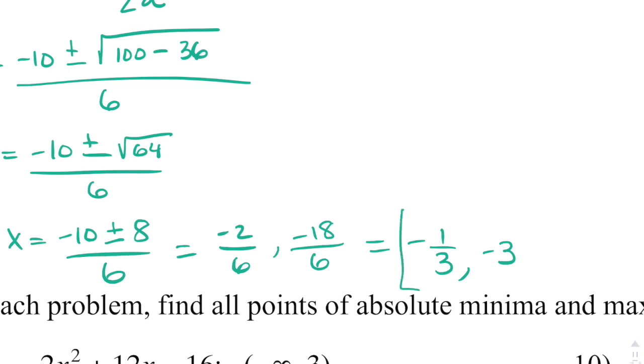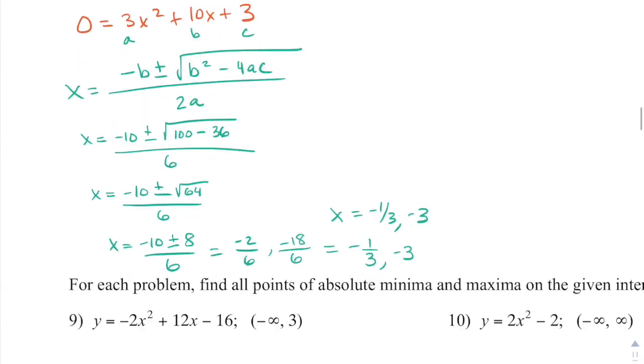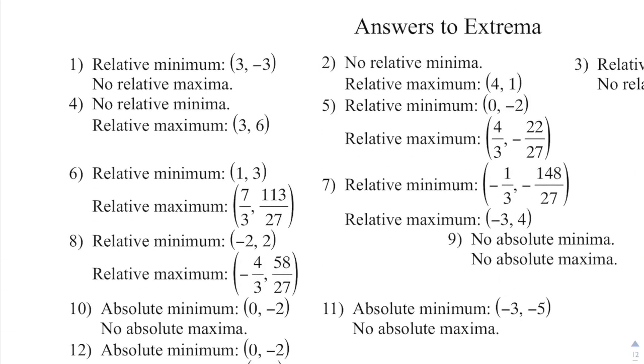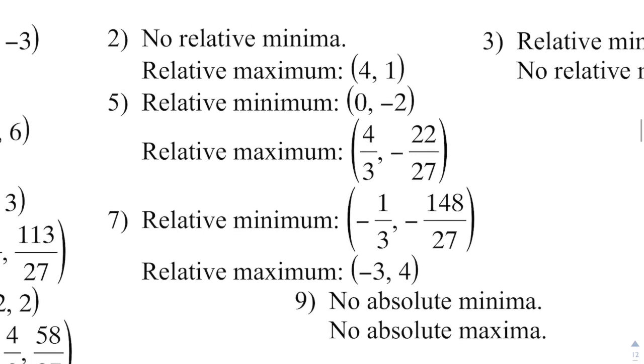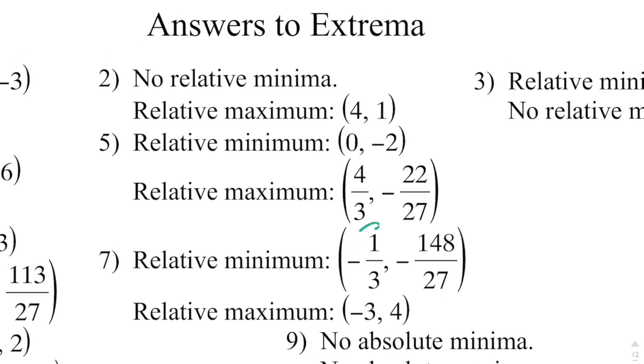So these two are your x's. So far, we have the locations of the x values of the relative minimum and the relative maximum. We don't know if they're minimum or maximum.